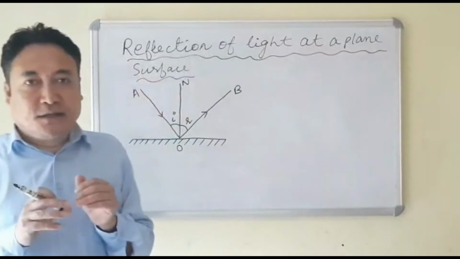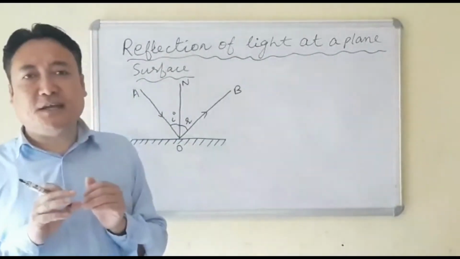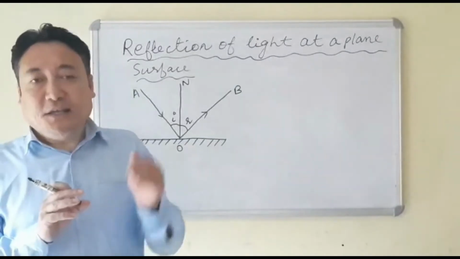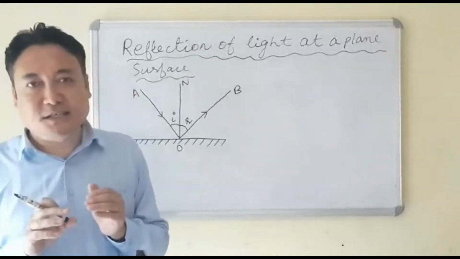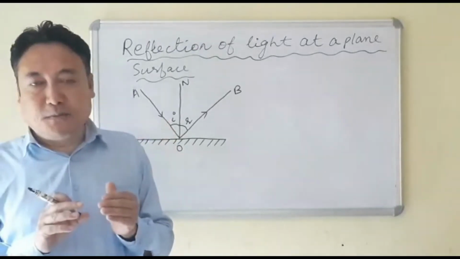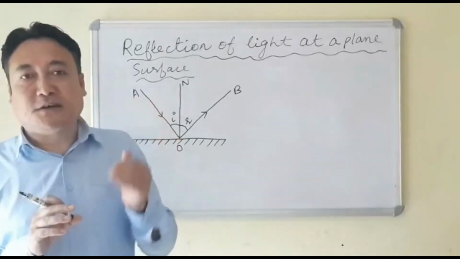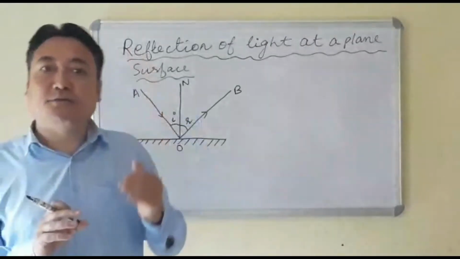So this mirror will reflect the light, and this reflection of light takes place when a ray of light traveling in one medium, let us consider air, falls on the reflecting surface, that is the plane mirror, and is sent back to the same medium.